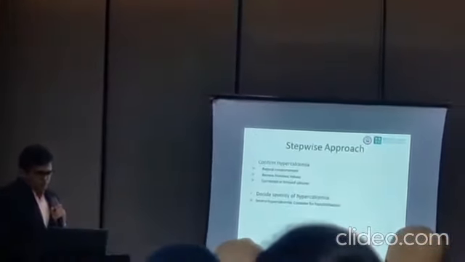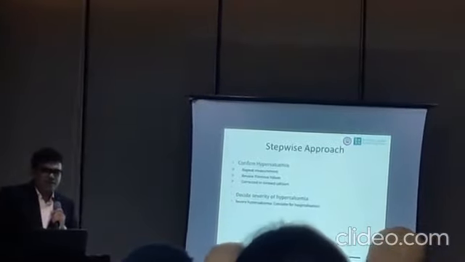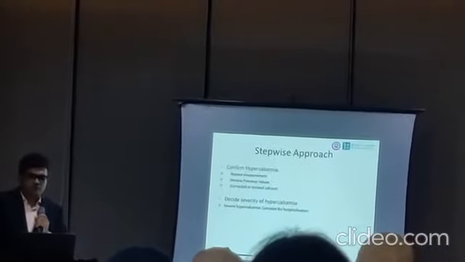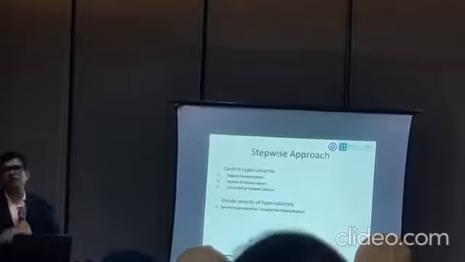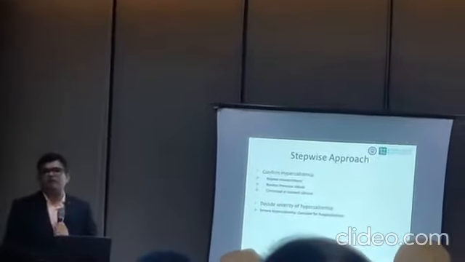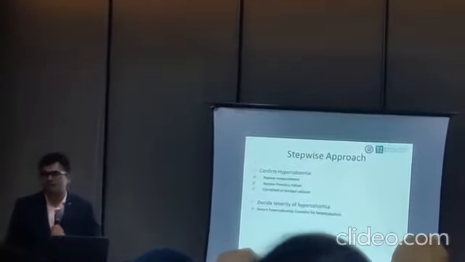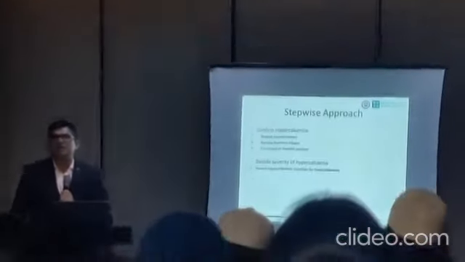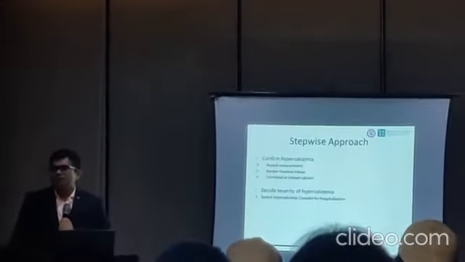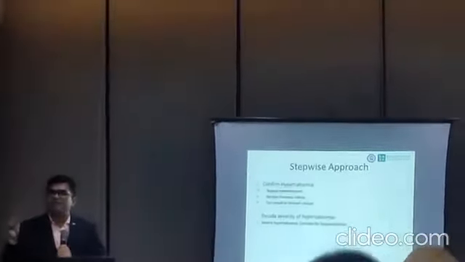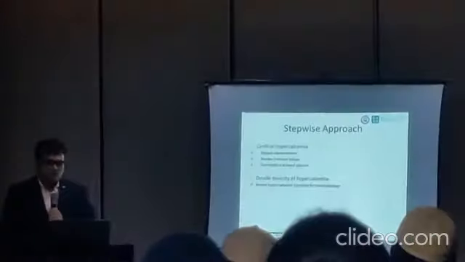So this is the main stepwise approach you have to follow. First, when you come across a case of hypercalcemia in OPD practice, suppose the calcium level is 11.2, first confirm whether it is hypercalcemia or not.